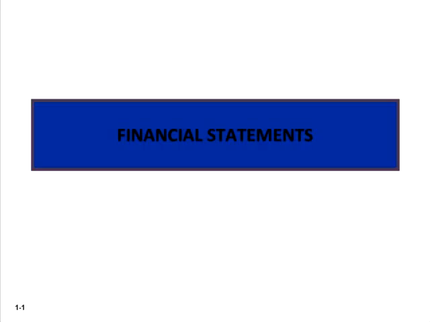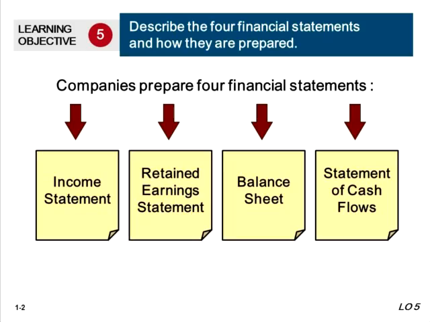What we're going to look at first is a general flowchart or diagram, if you will, of the financial statements. So there are four financial statements that companies prepare: the income statement, the statement of retained earnings, the balance sheet, and the statement of cash flow.